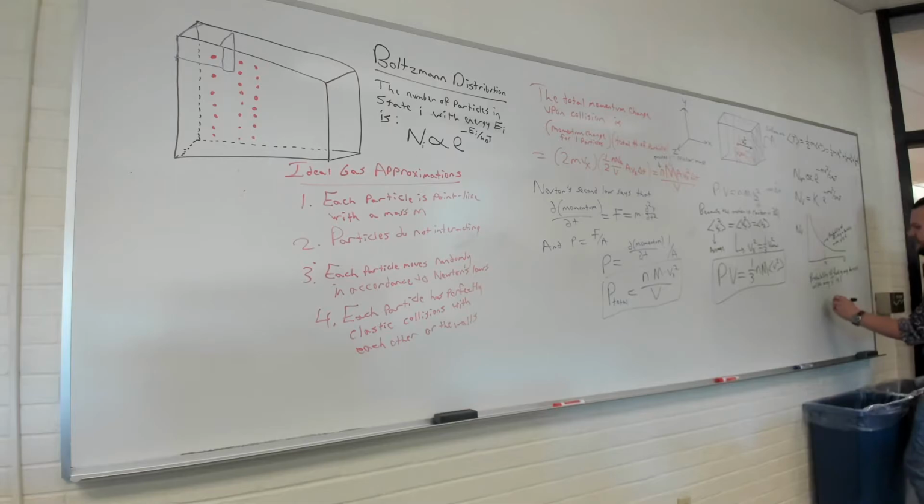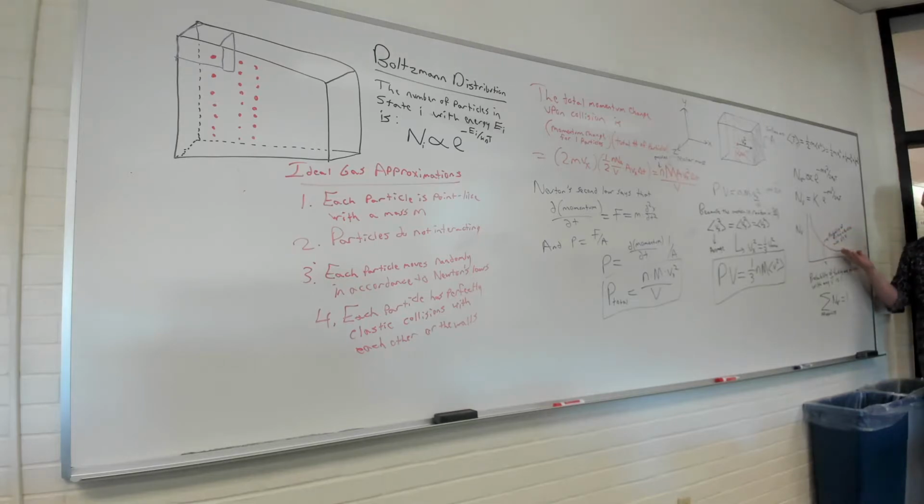So the idea is that if we sum our formula, n sub v, over all velocities, we should get 1. Because there's a non-zero probability of finding a particle at any velocity, but if it's all velocities, it should be 1. Okay, this gives us a hint on how to solve for K.